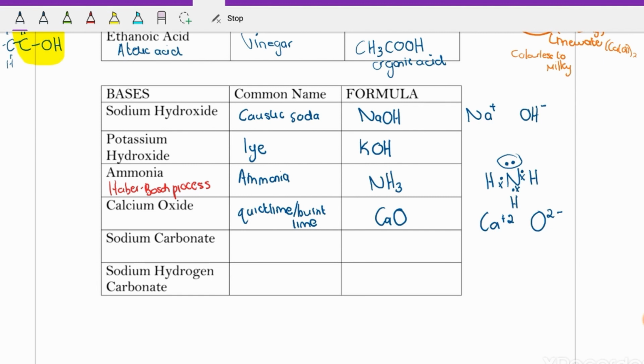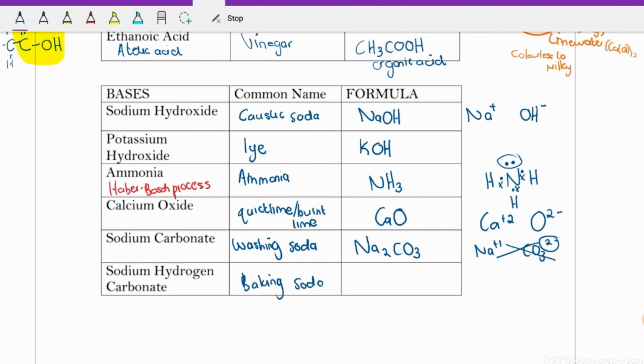Then sodium carbonate has a common name that you might recognize, washing soda, and the formula is Na2CO3. Remember, sodium is +1, carbonate is 2 minus, so that 2 goes there and that 1 goes there. Don't confuse this with baking soda.